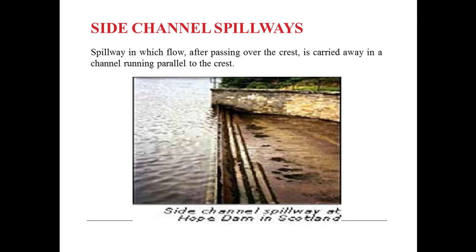As you can see in the figure, this is the crest level, and parallel to it we have a channel, and the water moves over the crest and is then discharged from the reservoir through this channel. This is the side channel spillway at the Hoop Dam in Scotland.